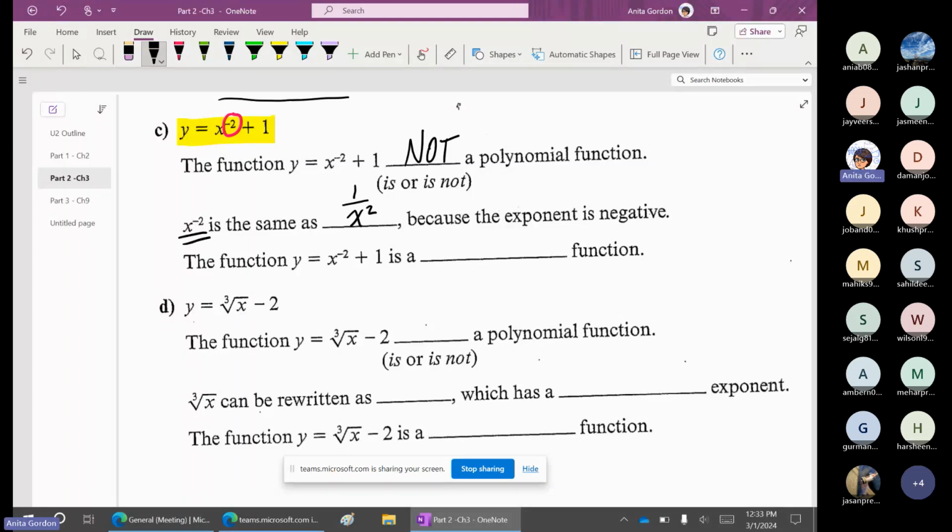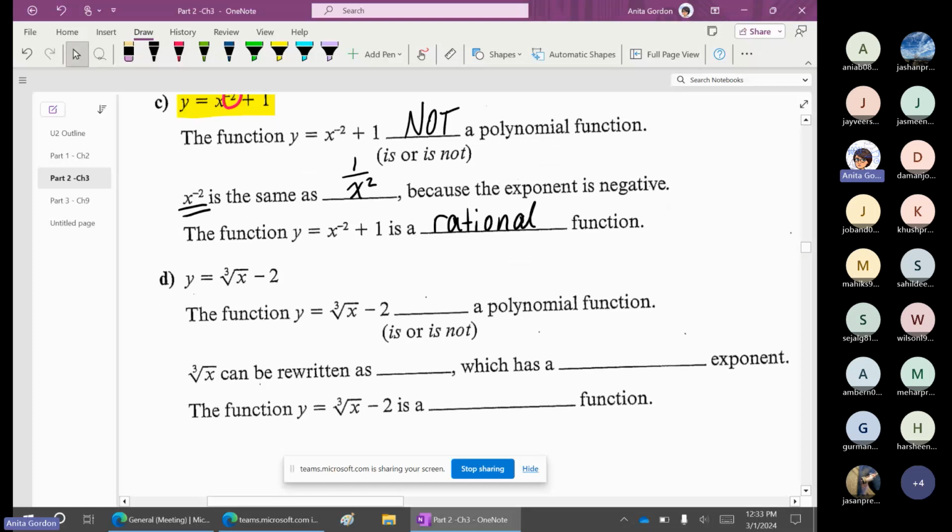My definition of polynomials is that my exponents have to be positive numbers and I don't need any variables in the denominator. If you have variables in the denominator, this is a rational function, which we will also get to in the next section. But this is not a polynomial, so I can't answer the rest of the questions.